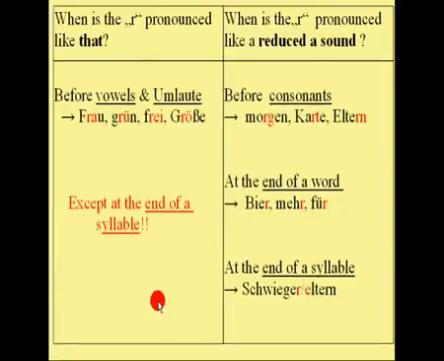We can say, okay, the R is pronounced like R before vowels and umlaute, except at the end of a syllable. And in every other case, like before consonants, at the end of a word or at the end of a syllable, it's pronounced like a reduced R sound.